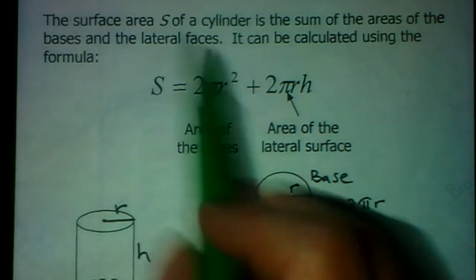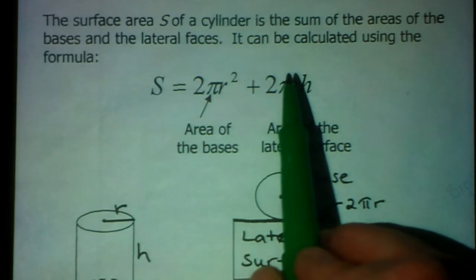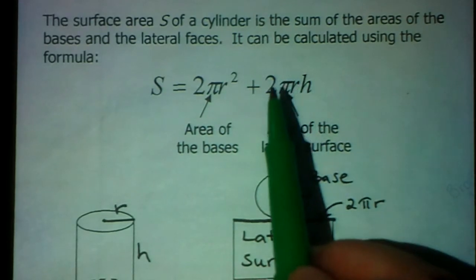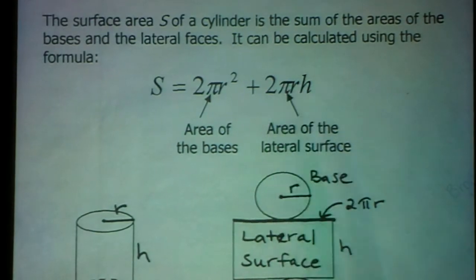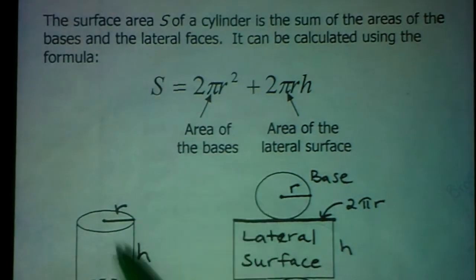So the surface area, S, of a cylinder is the sum of the areas of the bases and the lateral faces. What on earth does that mean? The bases just mean the top and the bottom, and the lateral face is just what's left, the side going around it.